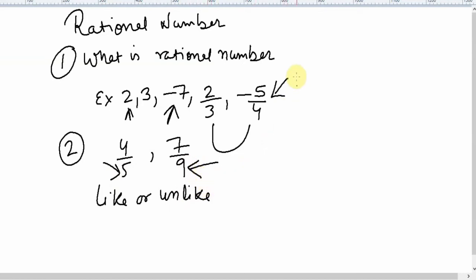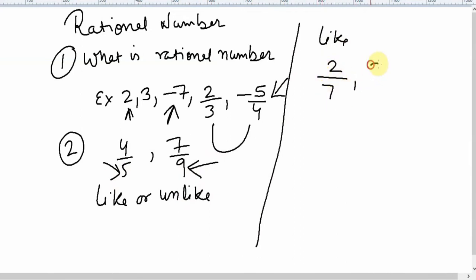For example, in like and unlike fractions, 2 upon 7, 3 upon 7, 4 upon 7 are like, since they have the same denominator.